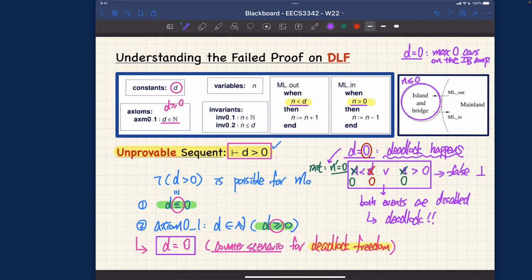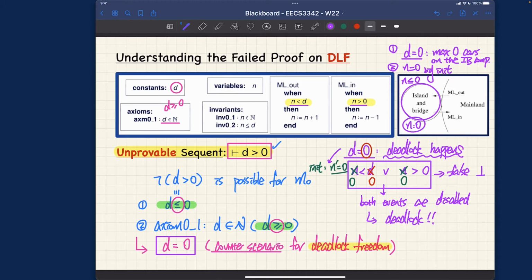And the initial value will be n equal to 0 by the init event. So initially we simply initialize the island bridge compound to have n equal to 0.